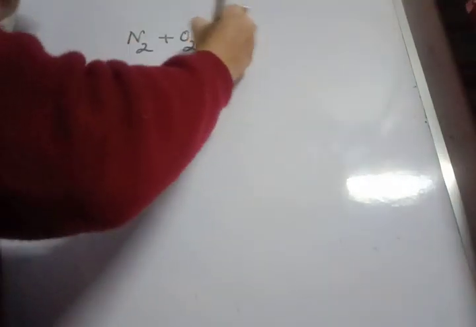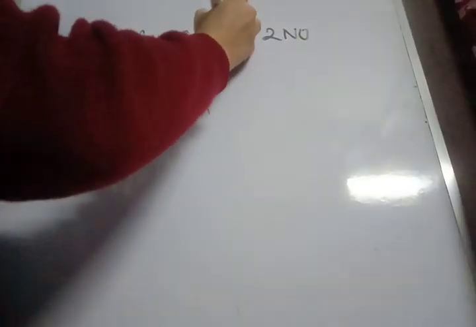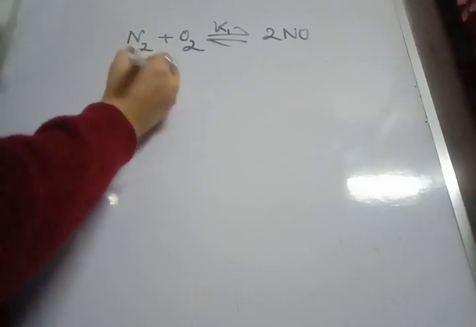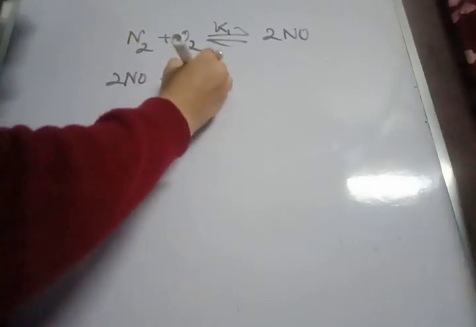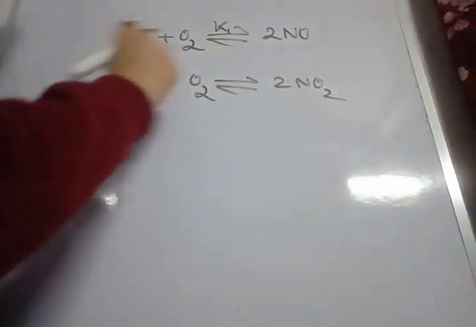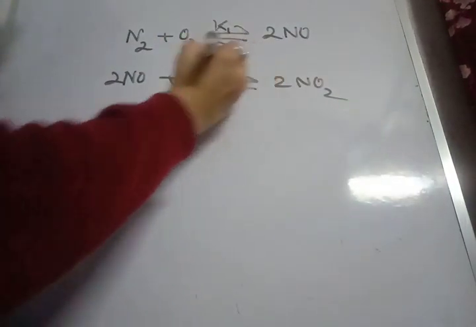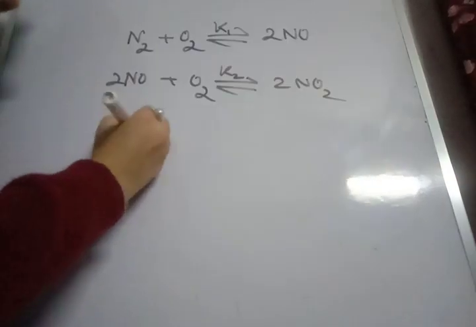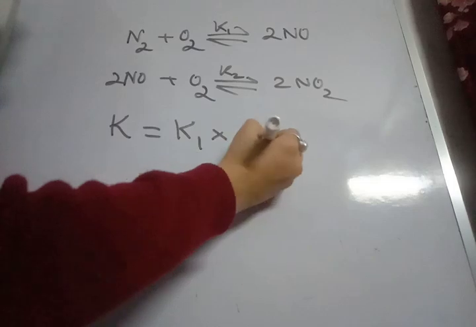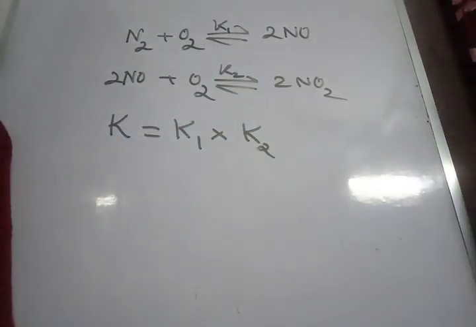If I take these two equations, N2 plus O2 reversible to NO, all in the gaseous state, this is my K1, and another, 2NO plus O2 reversible to NO2, here also all are in the gaseous state, and this is my K2. So the overall equilibrium constant K is the product of K1 and K2.